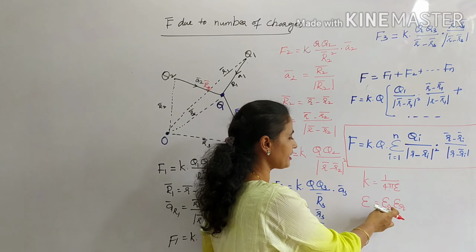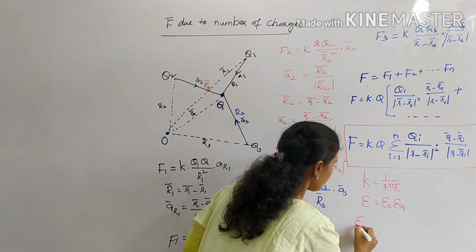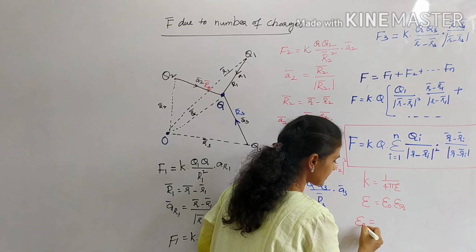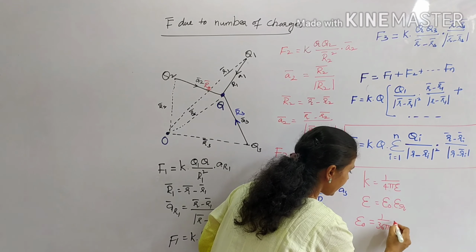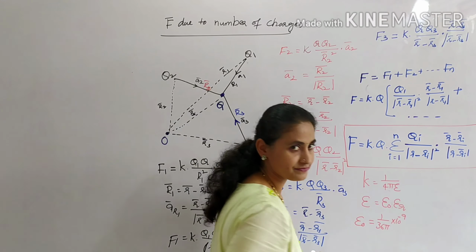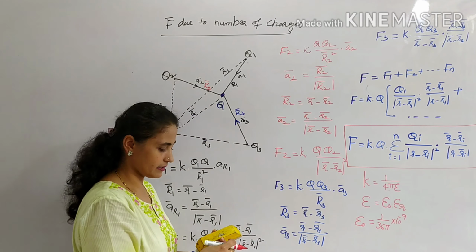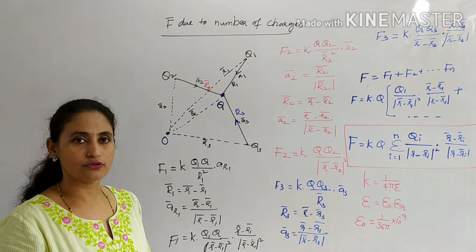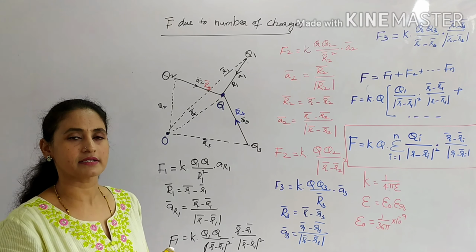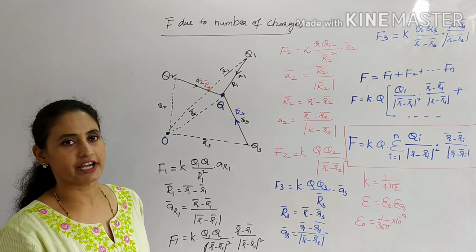What is the permittivity of free space? In the previous case we obtained that epsilon naught is given by 1 by 36 pi into 10 raised to minus 9. That covers the force due to multiple charges and single charge, or force between two charges.